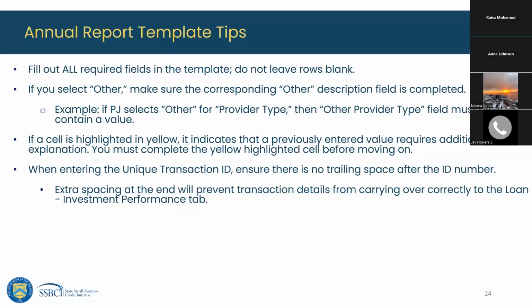And for anyone having issues with transactions populating on the loan investment performance tab, just go back to the unique ID, make sure there is no additional space, and then see if that makes it come over to the performance tab.